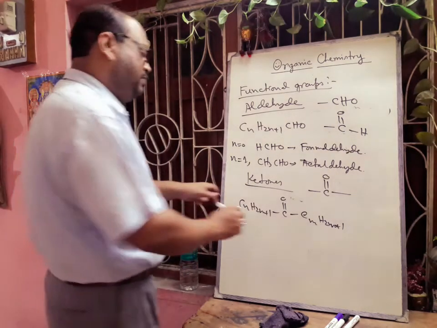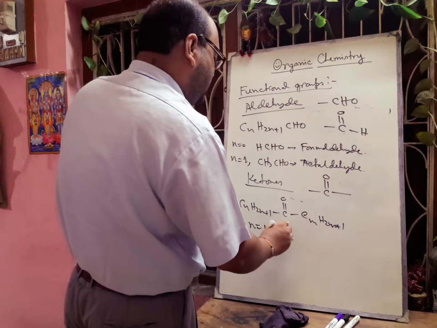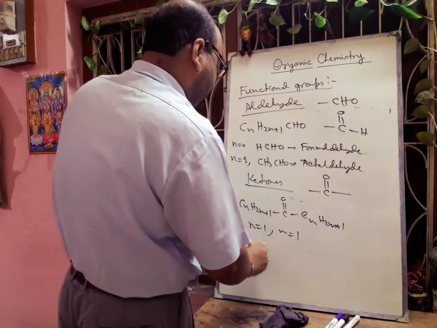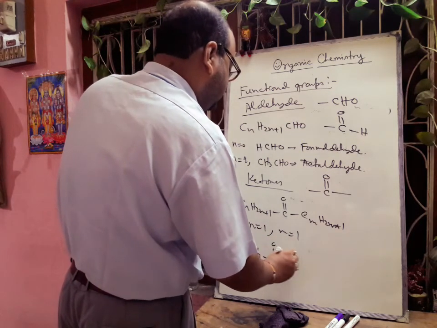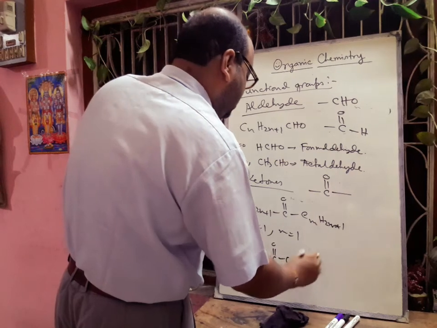Here we are putting n is equal to 1 as well as m is equal to 1, then we will get a compound like CH3COCH3, and this compound is called acetone.